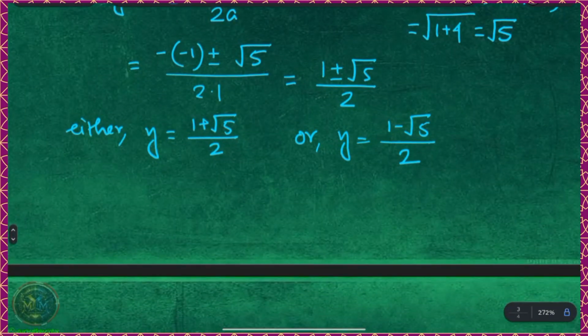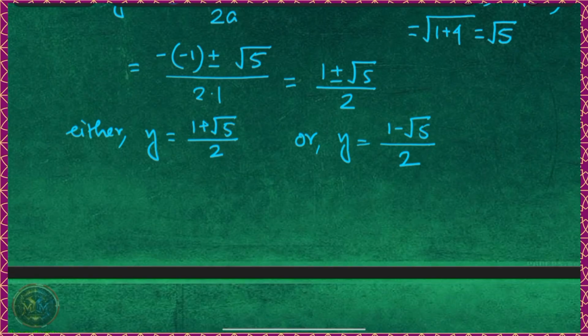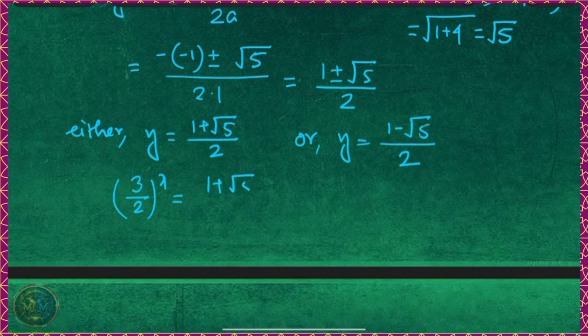But y cannot be (1 minus root 5) by 2. Why? y means (3 by 2) whole to the power x.